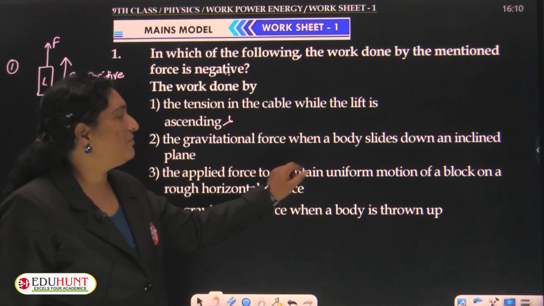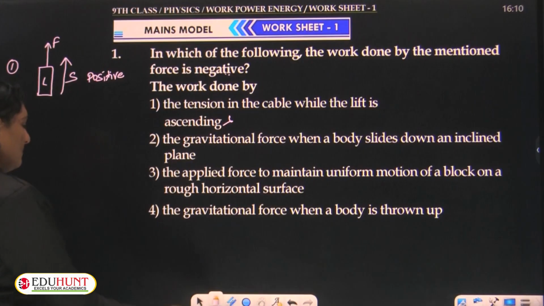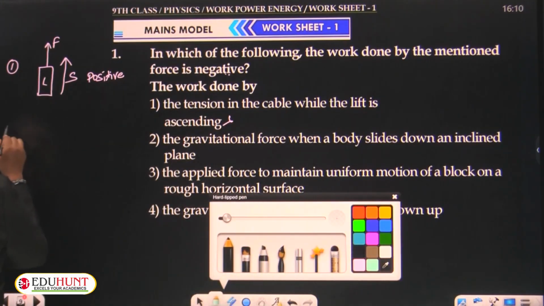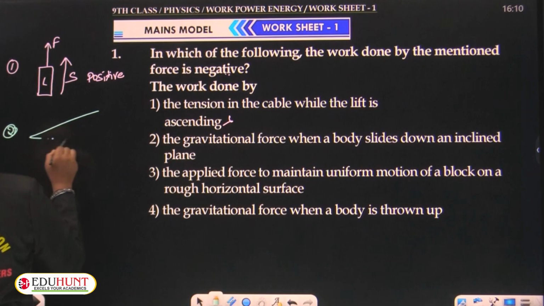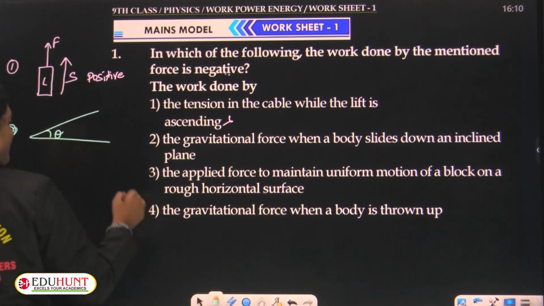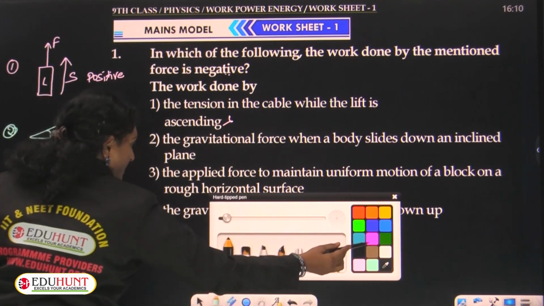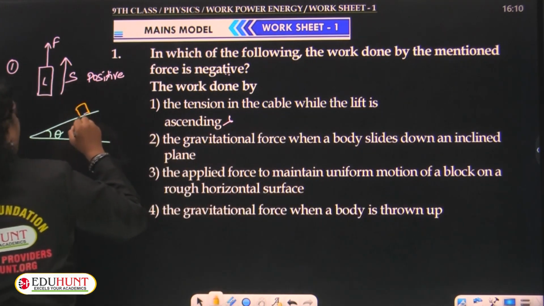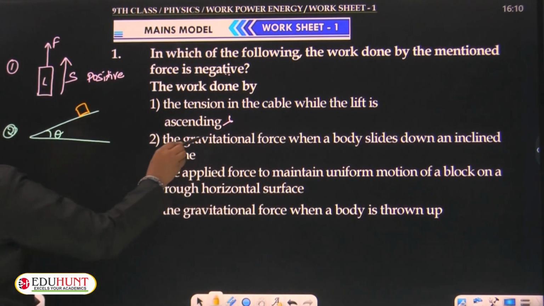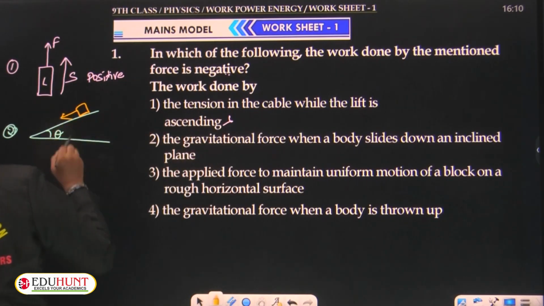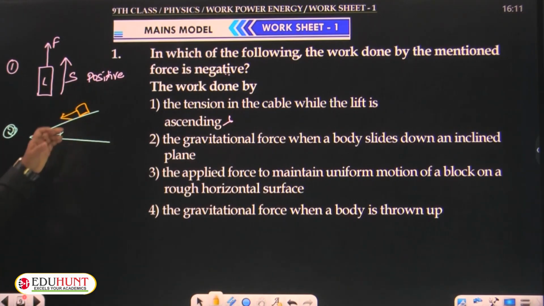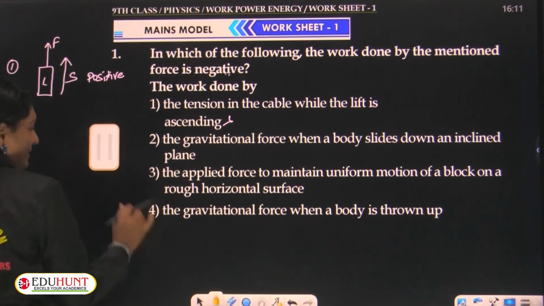Second one, the gravitational force when a body slides down an inclined plane. Let us consider an inclined plane at some angle theta, and keep an object on it. The body is sliding downwards.